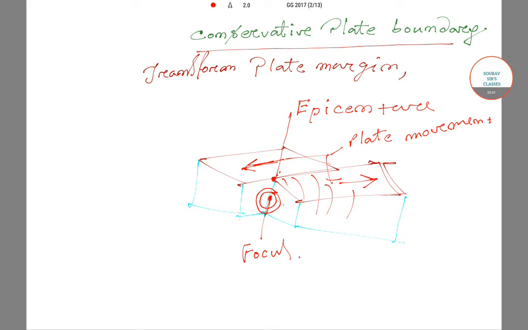So as I say, a transform plate margin, or transform conservative plate boundary, occurs when plates slide past each other in opposite directions, or in the same direction but at different speeds.